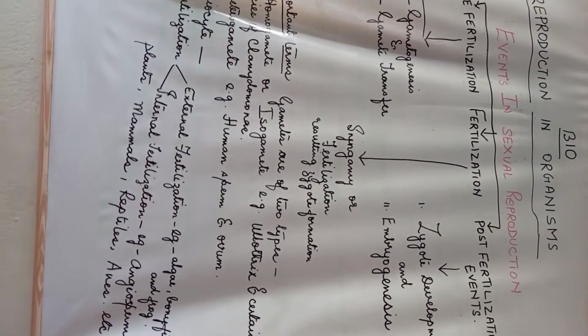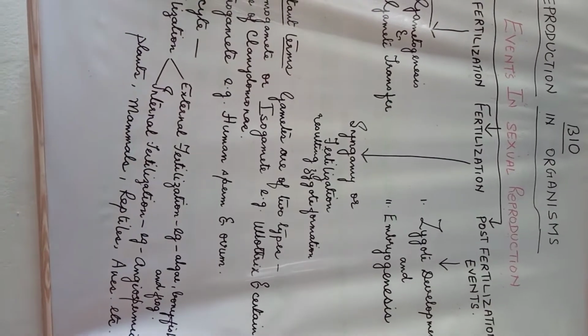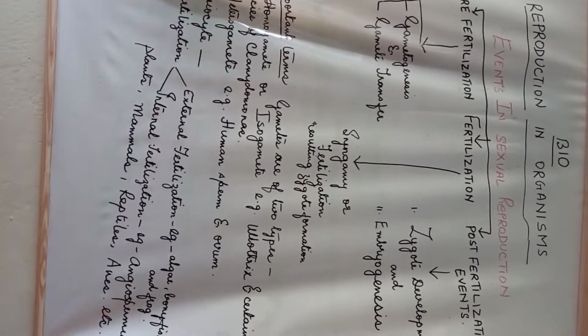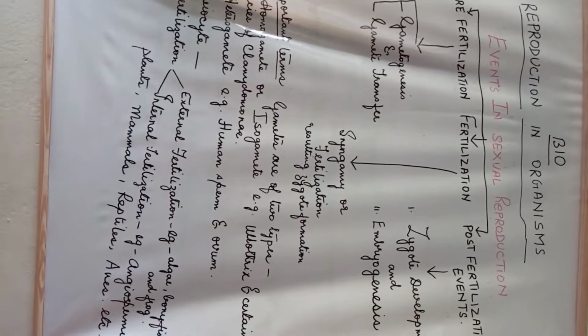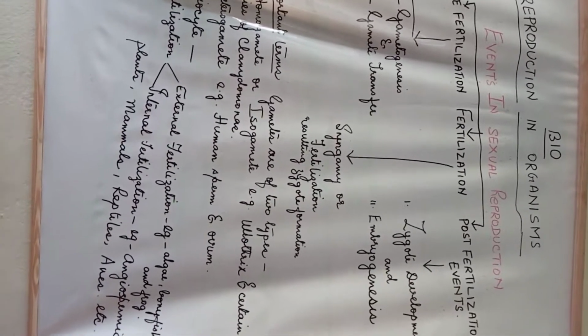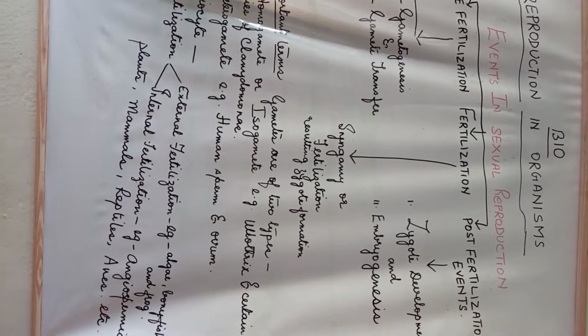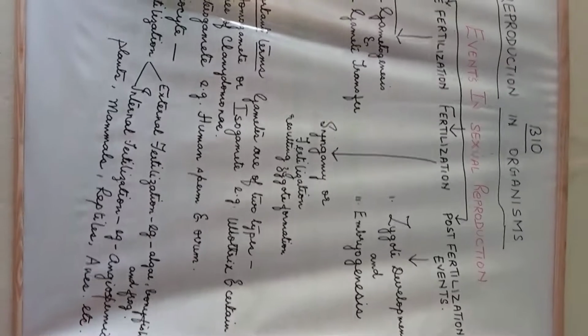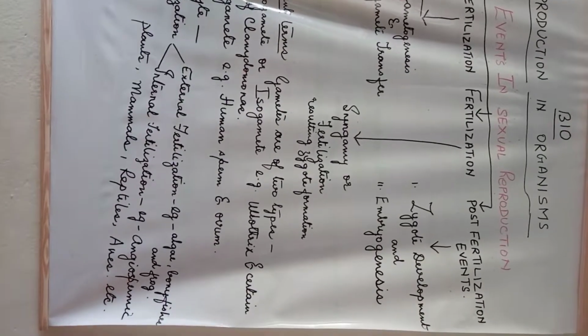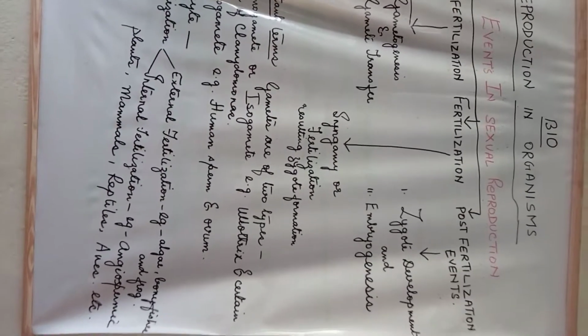Homogametes, when the fusing gametes are similar in their external appearance or morphology and behavior and cannot be differentiated into male and female, are called homogametes or isogametes. They are found in Ulothrix and certain species of Chlamydomonas.